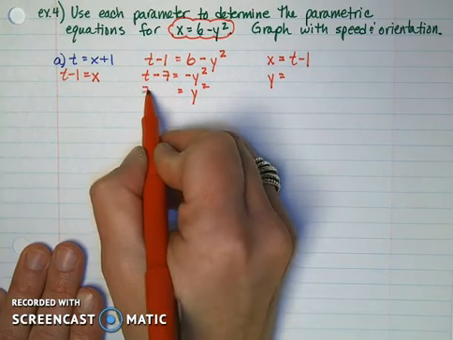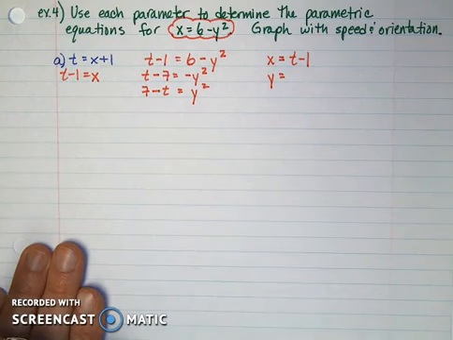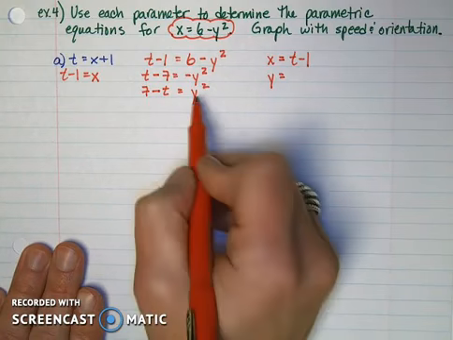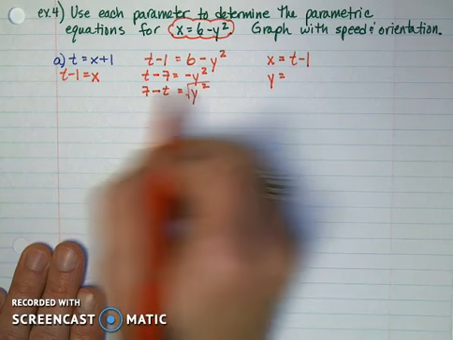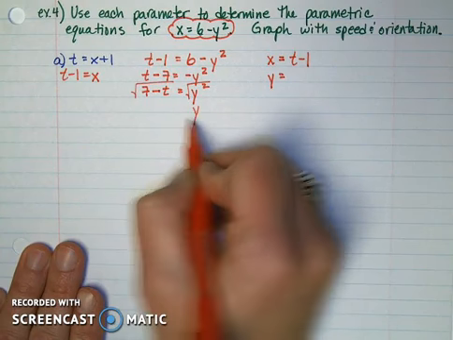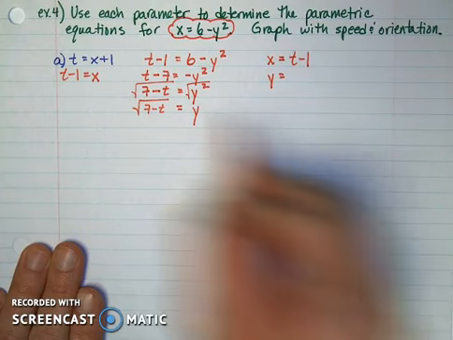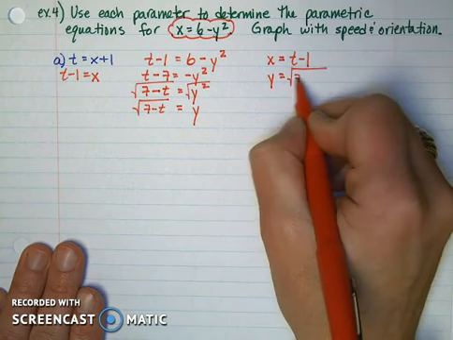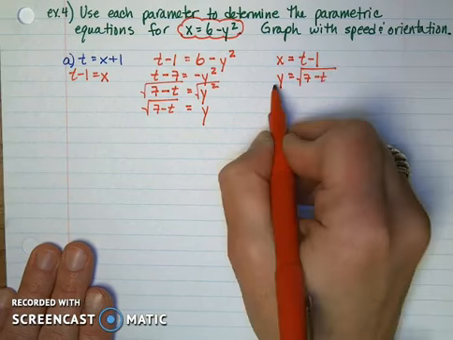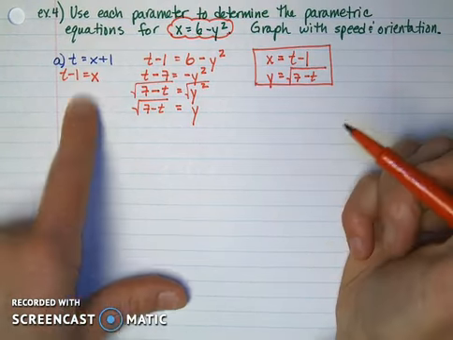It will become 7 minus t. Now I can take the square root, and the y will be positive, right? If I take the square root of both sides, now I have y equals the square root of 7 minus t. That becomes my second equation over here. So there are the two parametric equations for that parameter.